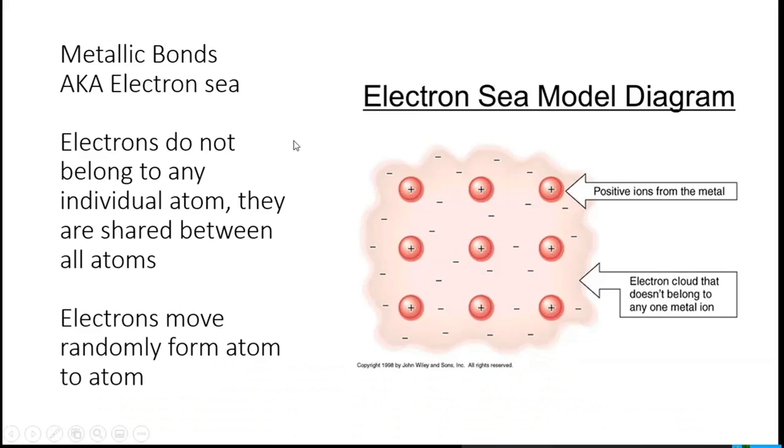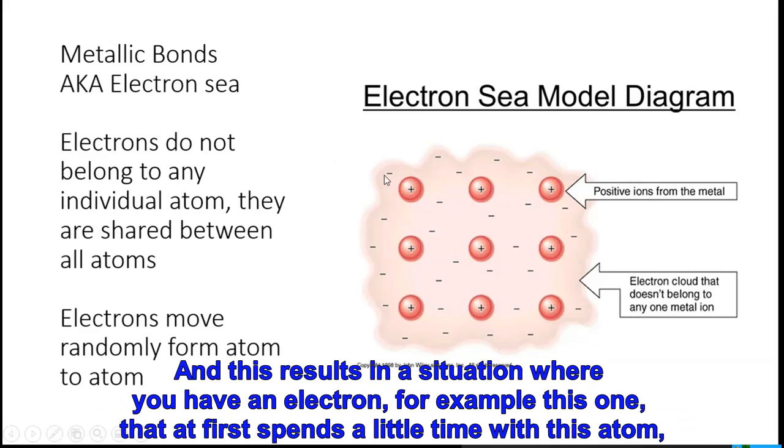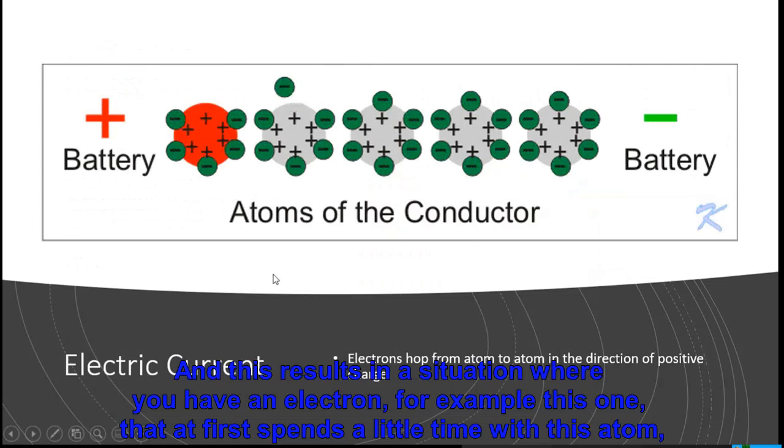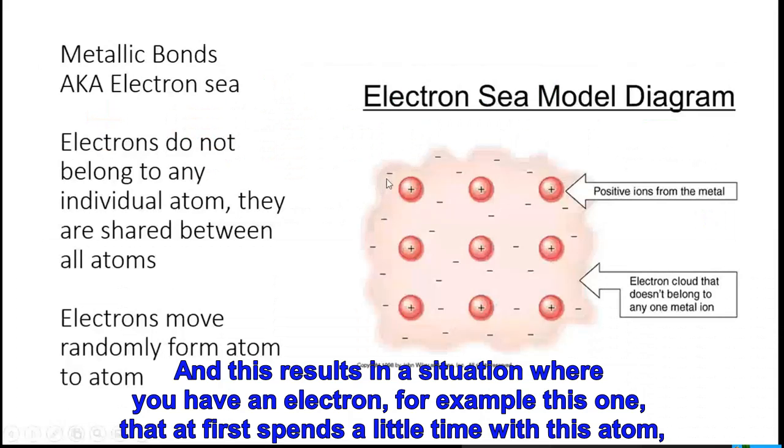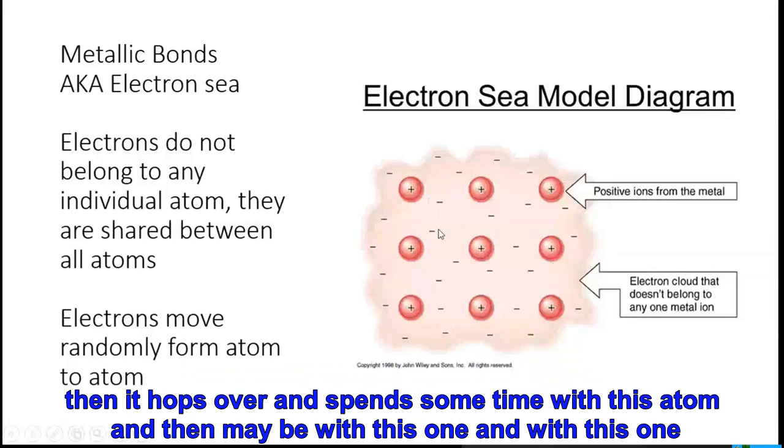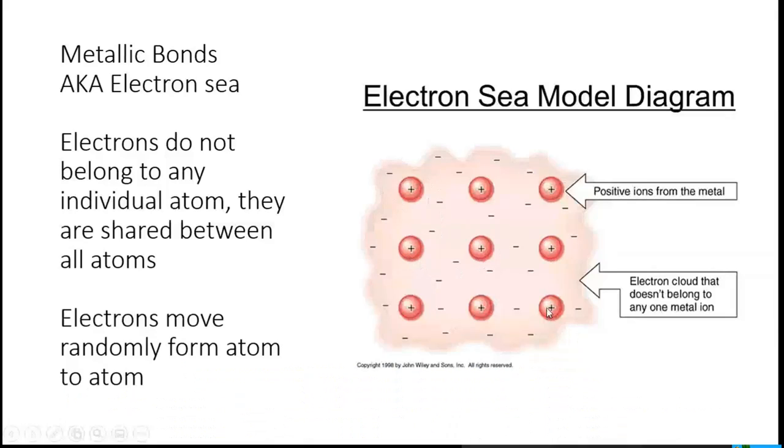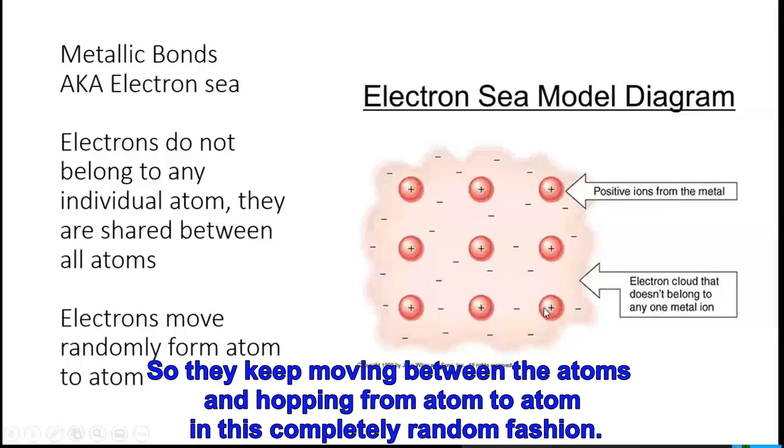And this results in a situation where you have an electron, for example, this one, that at first spends a little time with this atom, then it hops over and spends some time with this atom, and then maybe with this one. So they keep moving between the atoms and hopping from atom to atom in this completely random fashion.